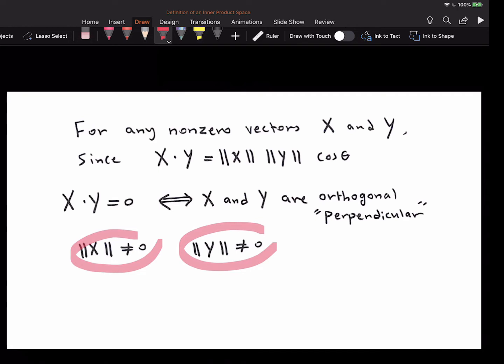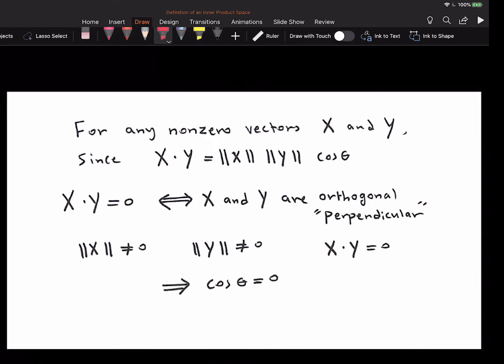So the 0 should be coming from cosine theta. So if we have the following, as I said, it has to be coming from cosine theta. If cosine theta equals 0, then theta equals 90 degrees, or pi over 2, of course.